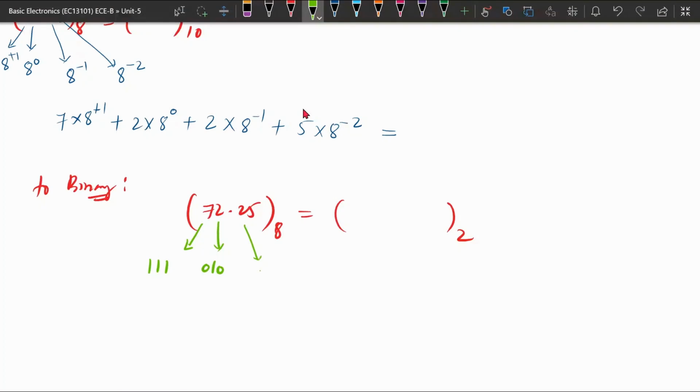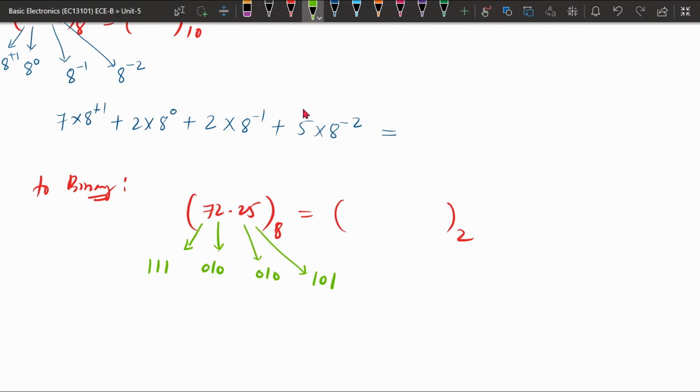This 2 will be 010, and 5 in 3-digit binary representation will be 101. So this is how we can represent each digit of the octal number system.